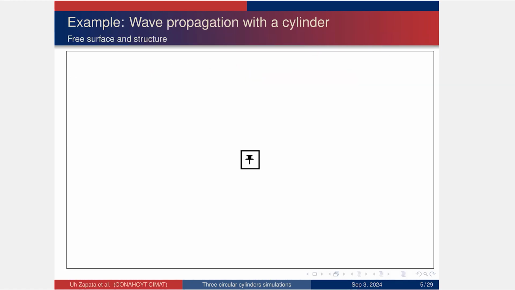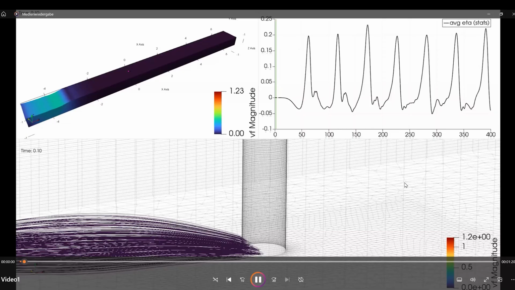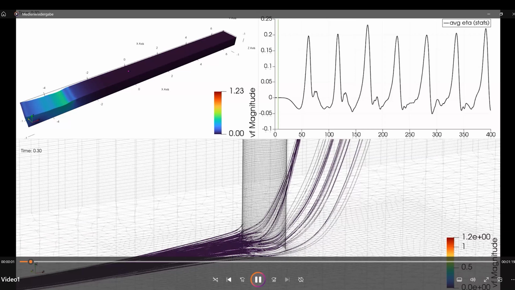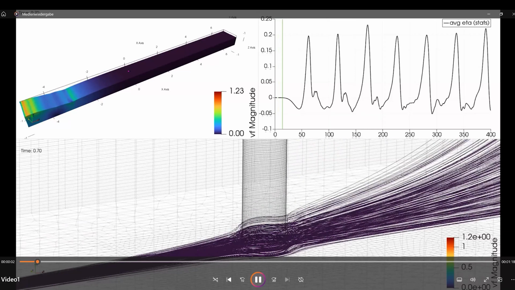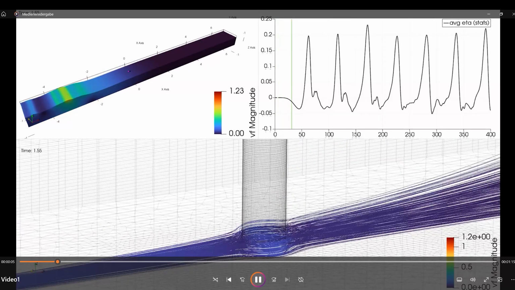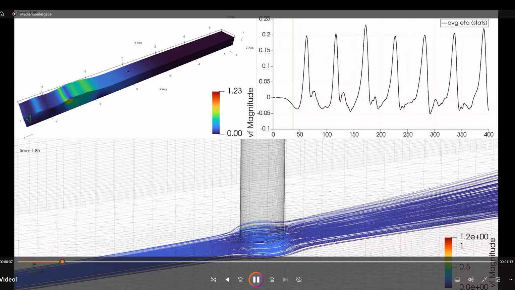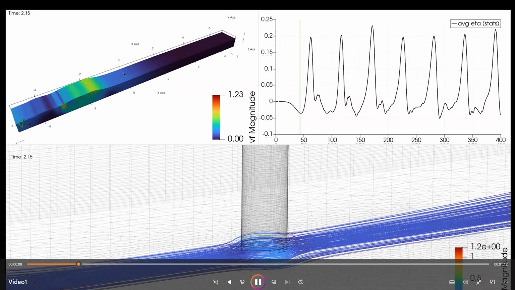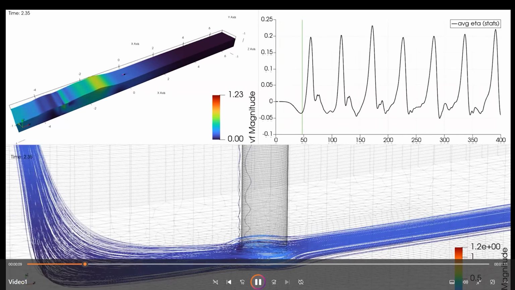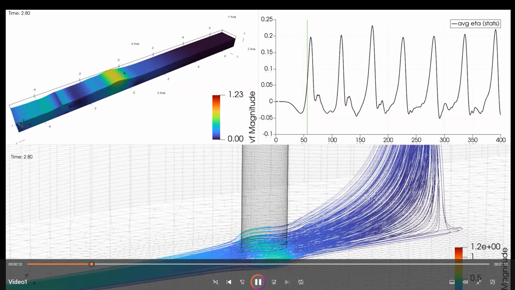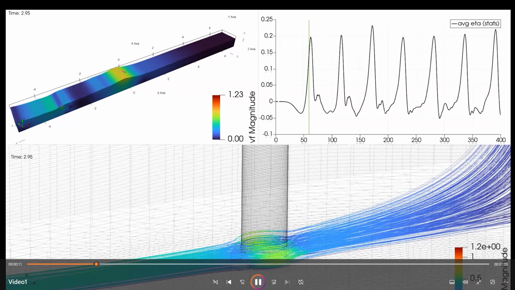I wanted you to see one of the simulations that we were having. We were happy with this one. We were generating highly nonlinear waves, for which we have some data to compare from colleagues from Italy. Here is the structure, in this case the circular cylinder, and this is how the waves are behaving close to the cylinder.